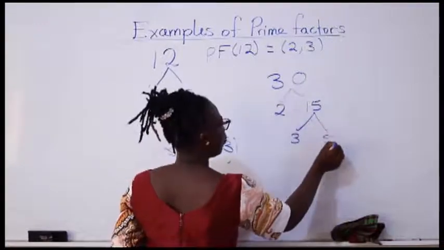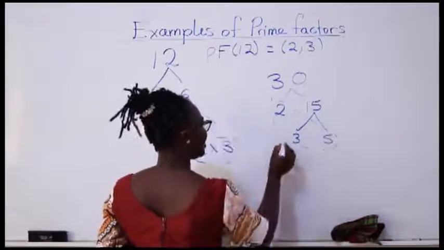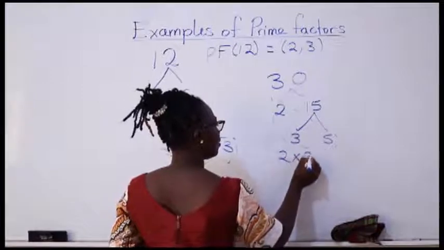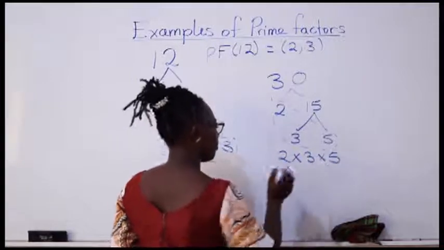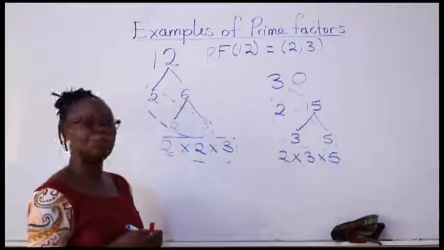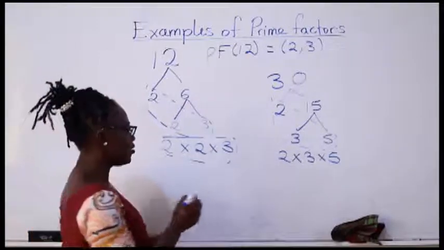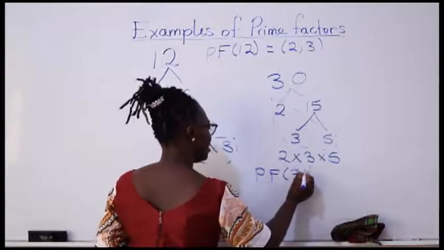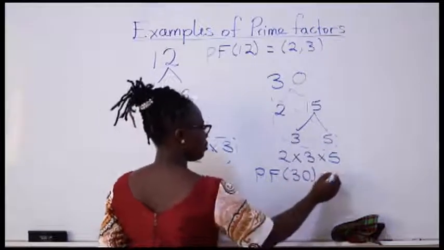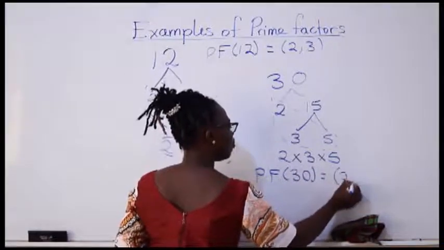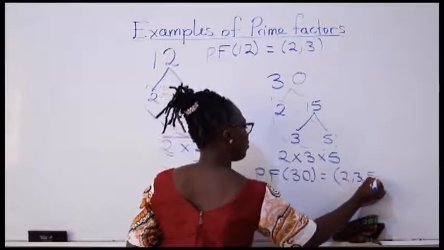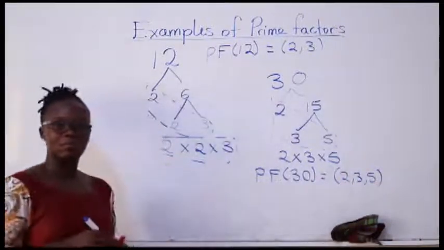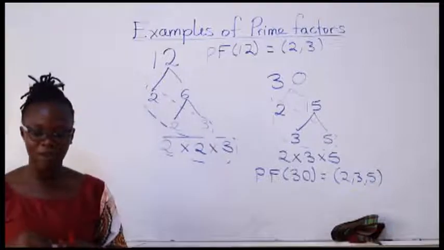So I have been able to simplify it. I have 2 times 3 times 5, which adds up to 30. So if I ask you the prime factors of 30, you have 2, 3, and 5. Very good.